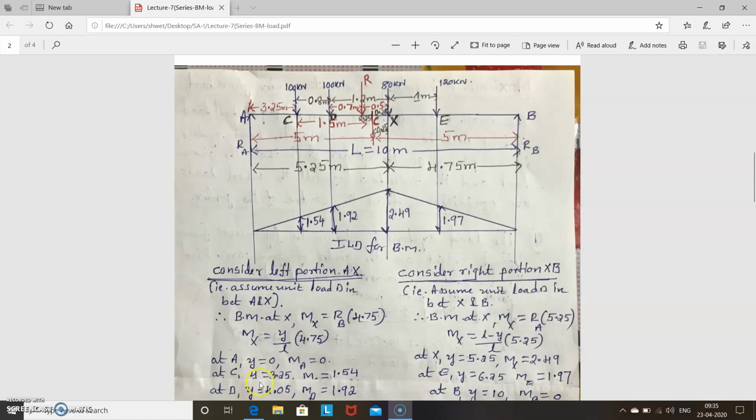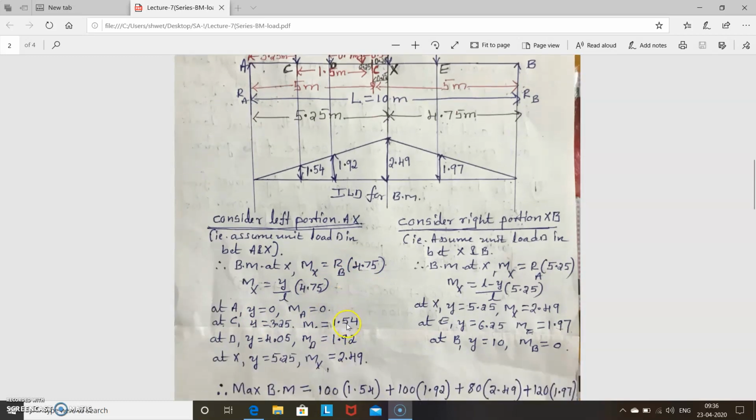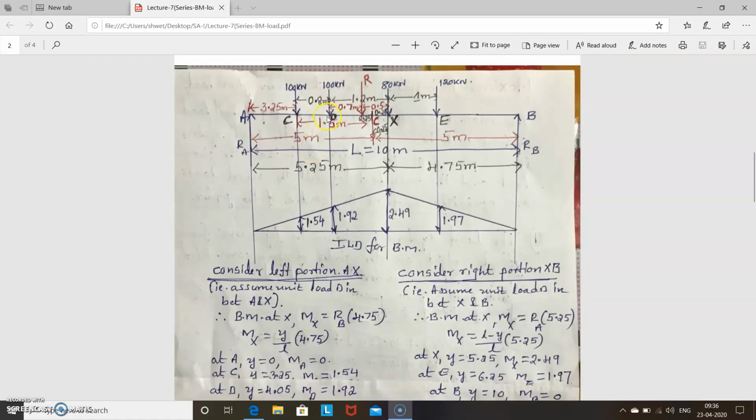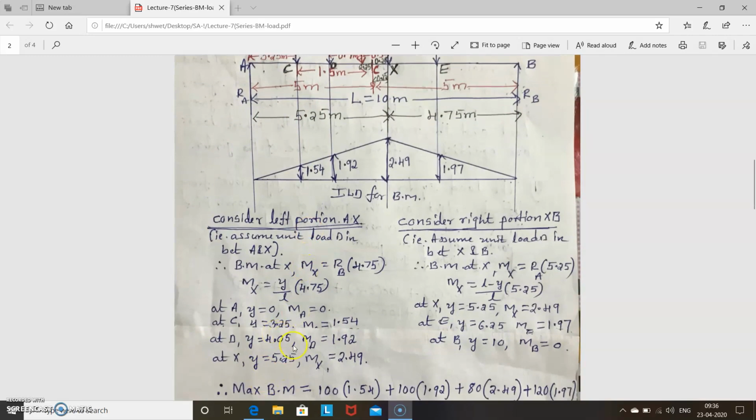So y is equal to 3.25 at C. So MC is equal to, you get 1.54 if you substitute in this equation. Next at D, y is equal to 3.25 plus 0.8, that is equal to 4.05. So MD is equal to, if you substitute in this, you get 1.92.